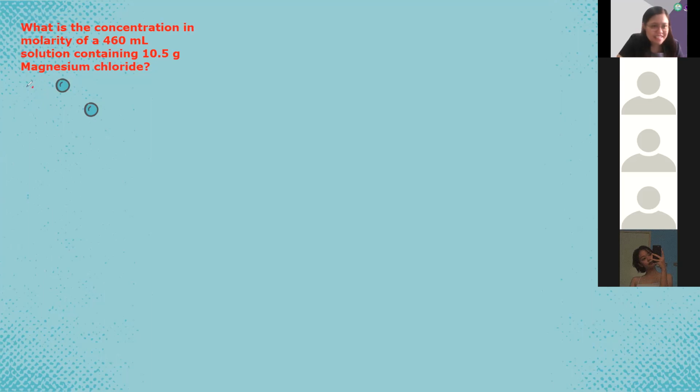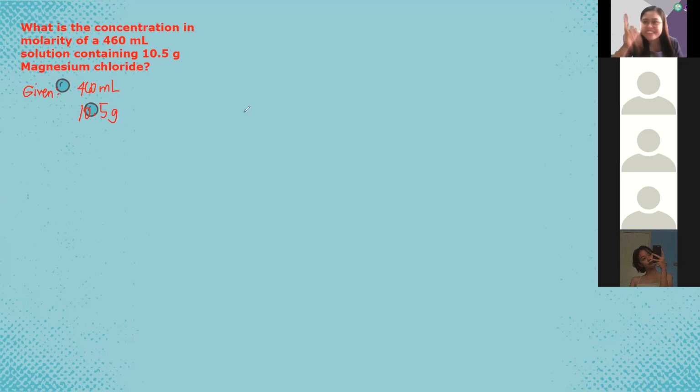So, first step, let's list down the given. We have 460 ml. Of course, this will be the volume of the solution. And then the weight in grams is 10.5 grams of magnesium chloride. What is the chemical formula of magnesium chloride?